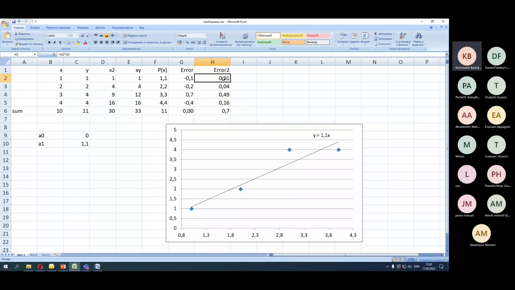In this case, the criterion is not the error, but the error squared. This column corresponds to the error squared: 0.01, 0.04, and so on. And the sum of the squares of the errors is 0.7.